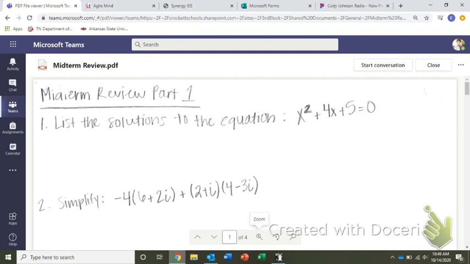All right, so on this first one, it says list the solutions. You have to remember that anytime you see the word solutions, that may also be written as the zeros, the roots, or the x-intercepts.